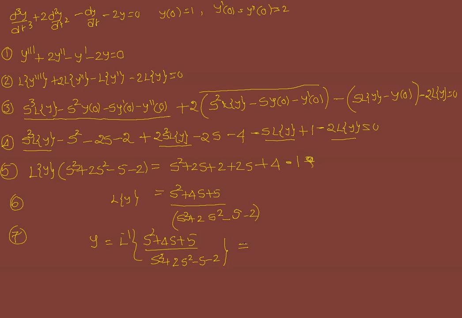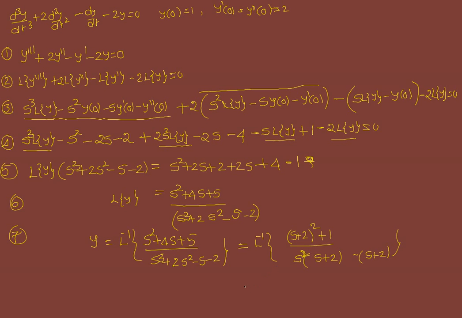This you can write as L inverse of s square plus 4s plus 4, so s plus 2 whole square, plus 1, by, in the denominator you take s square as common, s plus 2, and from the rest if you take minus as common, s plus 2.